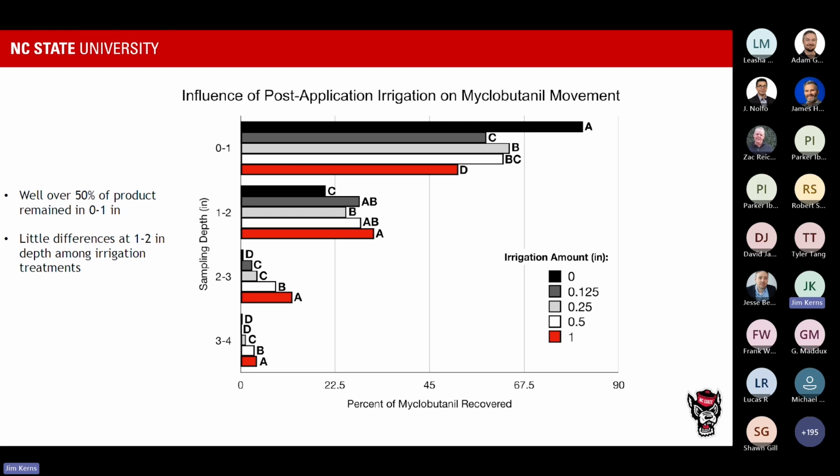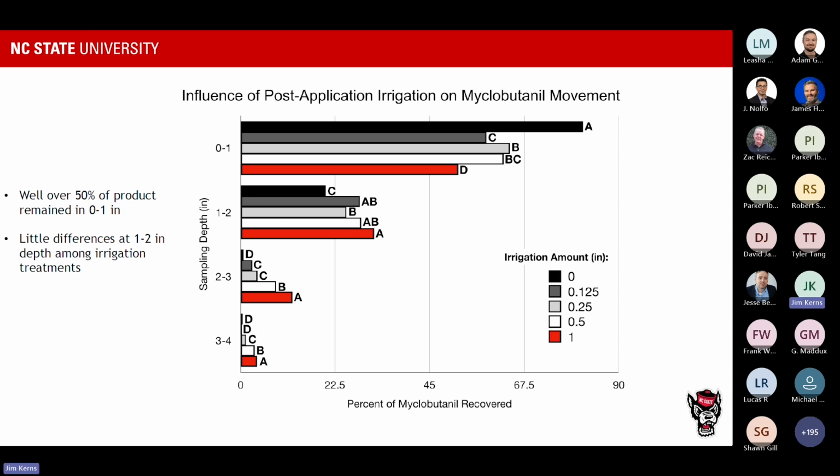Okay, so this was part of Wendell's graduate work when he was with us. What we did here was basically build these little cylinders that are coated on the interior of the plastic with a coarser gravel, and then packed with a 90% sand and 10% peat by volume.